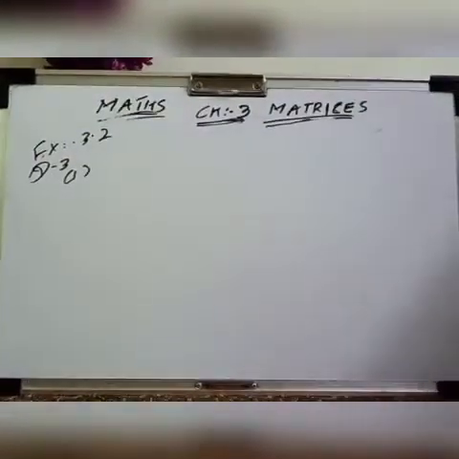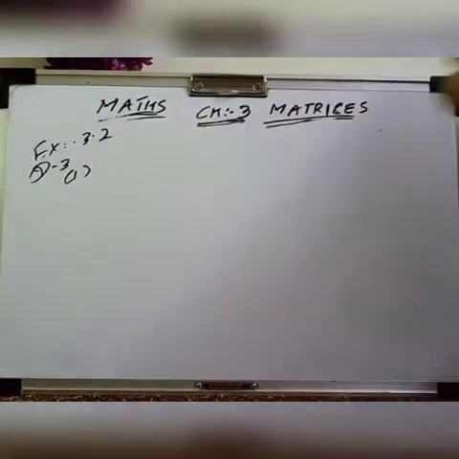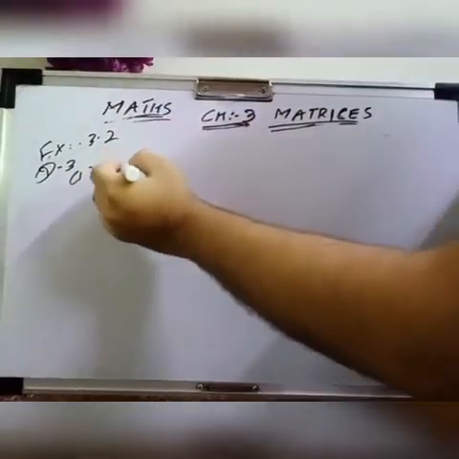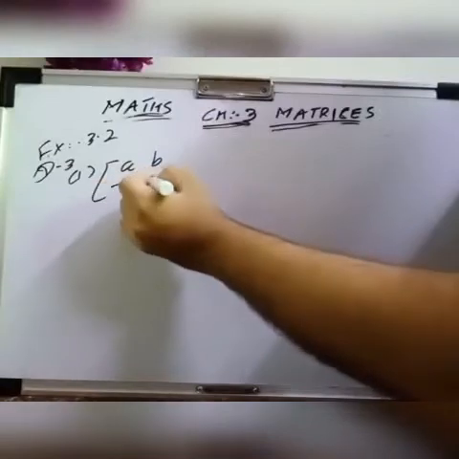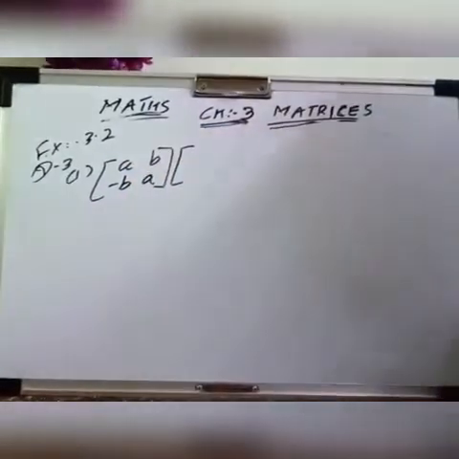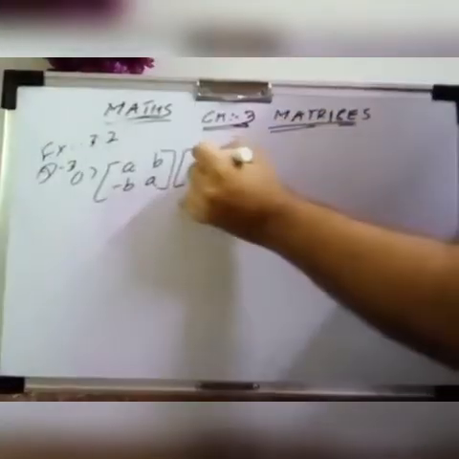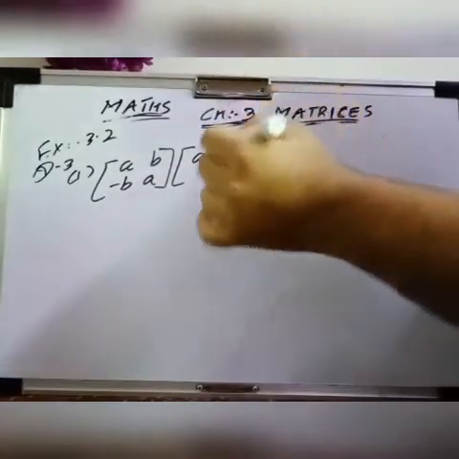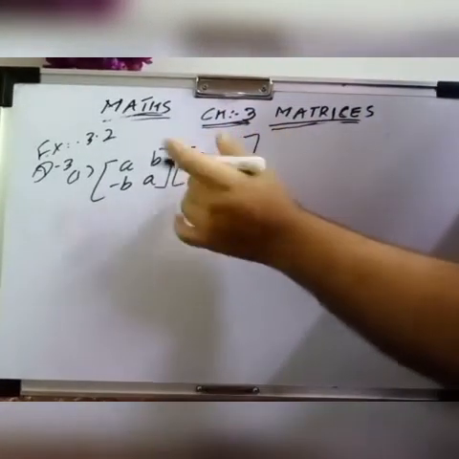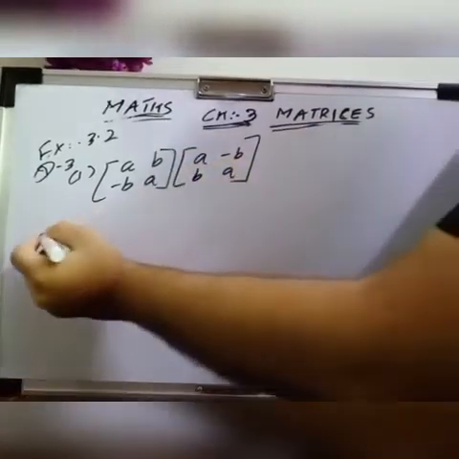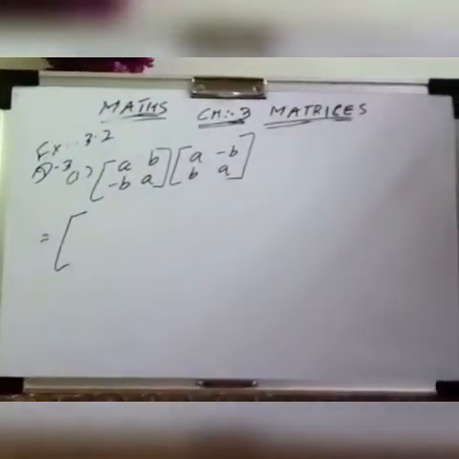Let's try to understand the third question. Here we have to apply the concept of matrix multiplication. Here the prefactor given is AB minus BA, whereas post factor given is A minus B, BA, right? So the resultant will also be a 2 cross 2 matrix.